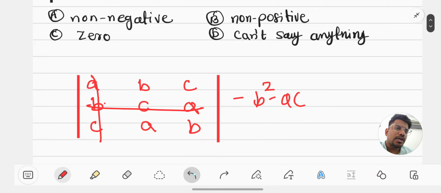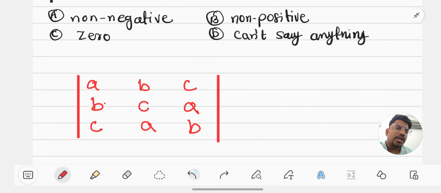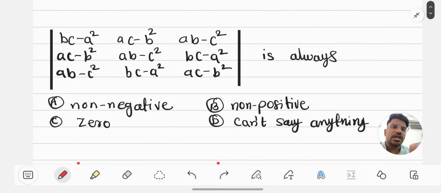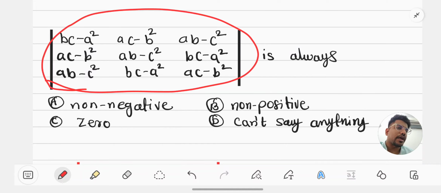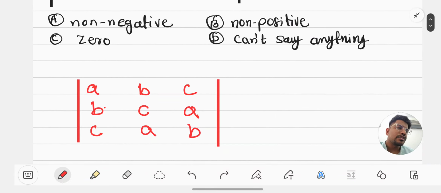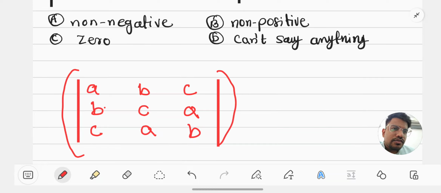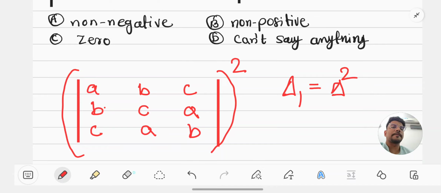So we can very surely say that this particular determinant which is given in the question is actually formed by the cofactors of that particular determinant. So I can simply say that this is squared, because I already told you, if delta 1 is the determinant formed by the cofactors and delta is the original determinant, then the relation between them is delta 1 is equal to delta square.